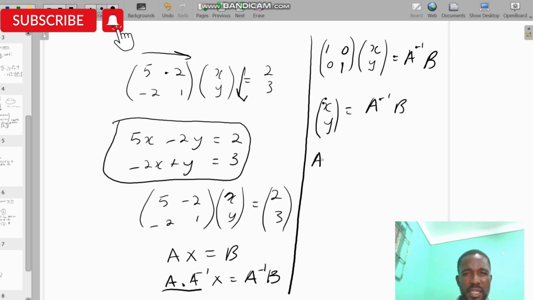So A is equal to 5, -2, -2, 1. How am I going to find the inverse of that? Let's move to a new page.